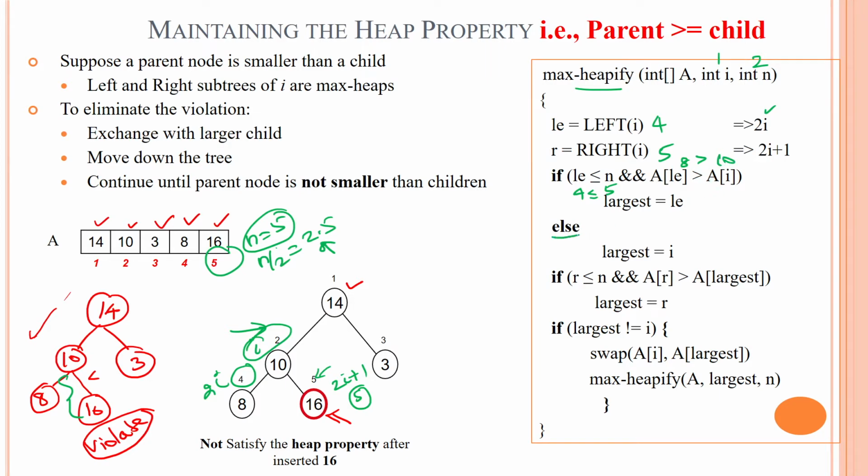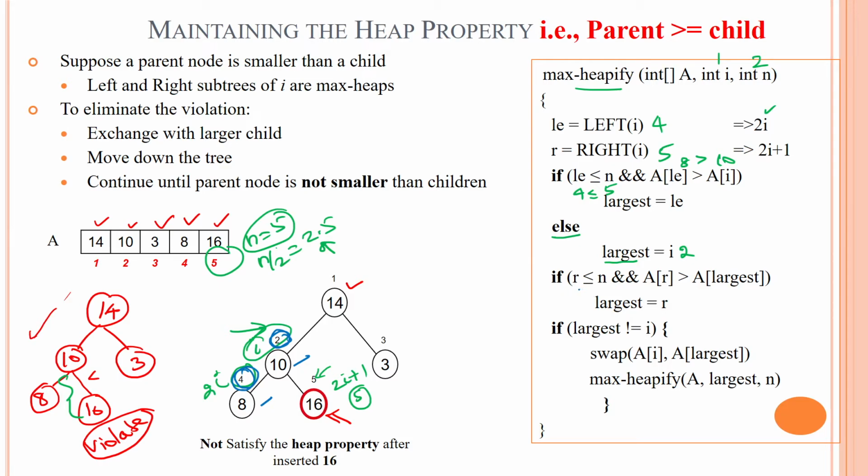If it is false, the else portion will execute. In the else portion, I is assigned to the variable largest, so index 2 is the largest. When comparing 8 and 10, 10 is the largest, so the index value 2, with 10, is the largest when compared with index 4, with 8.